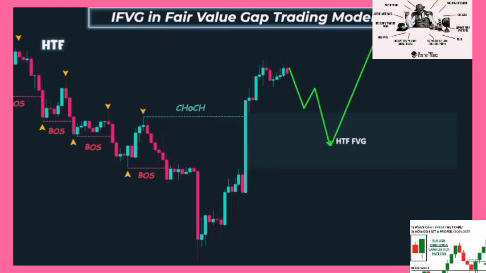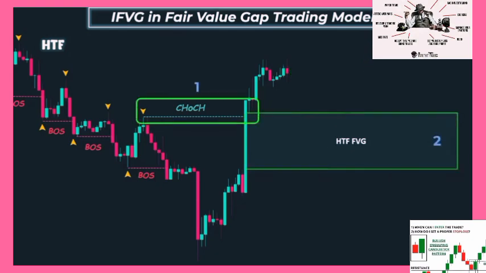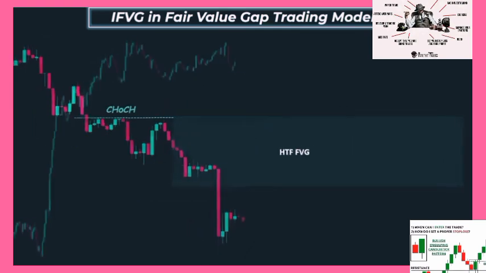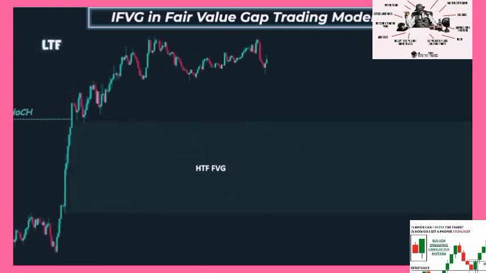So, after identifying the higher time frame CHOCH and its fair value gap, the next step is to zoom into the lower time frame and wait for the price to return to that higher time frame fair value gap. Then, closely monitor price action inside the fair value gap and look for any sign of rejection.